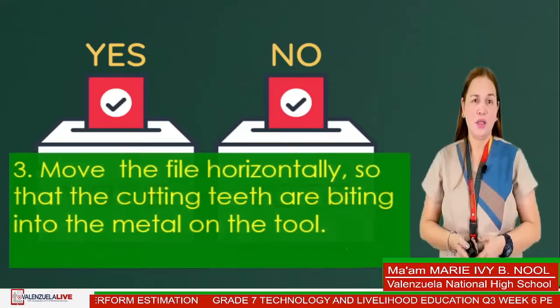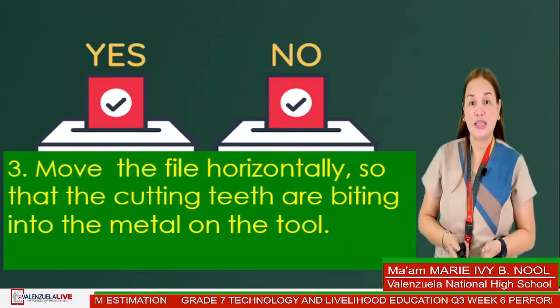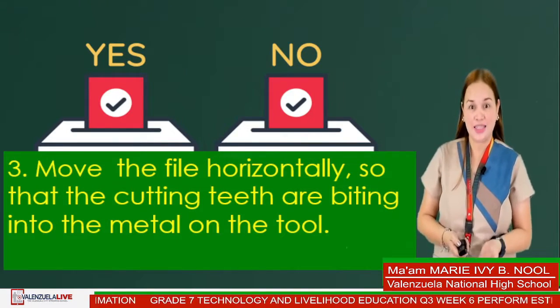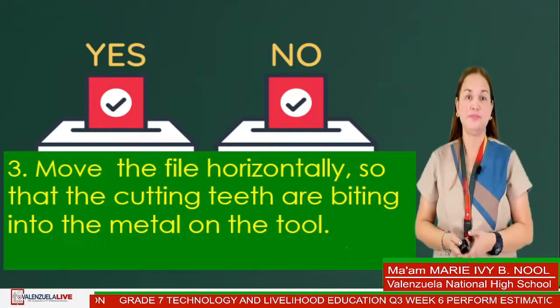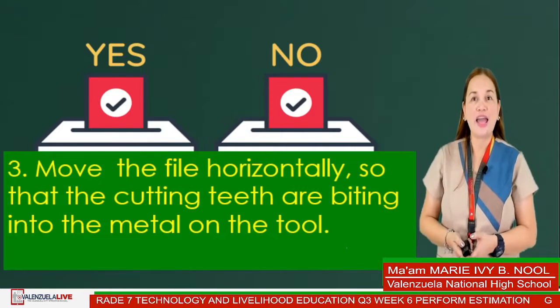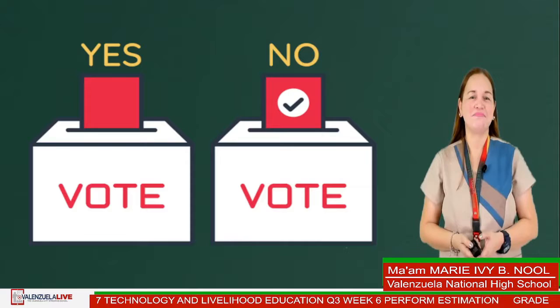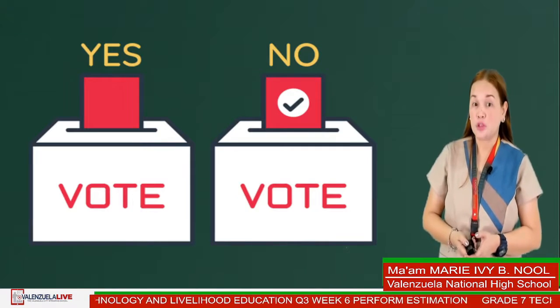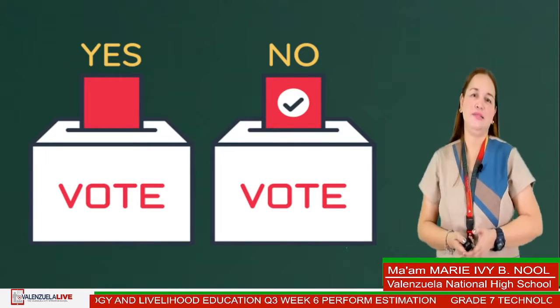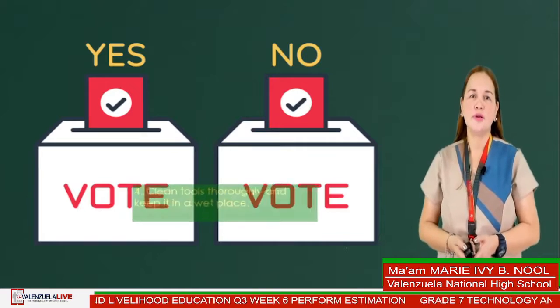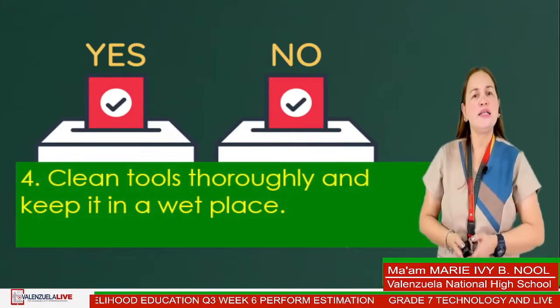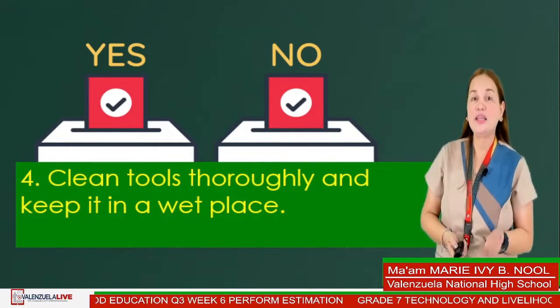Number 3. Move the file horizontally so that the cutting teeth are biting into the metal on the tool. The correct answer is no. We should move the file diagonally. Number 4. Clean tools thoroughly and keep it in a wet place.